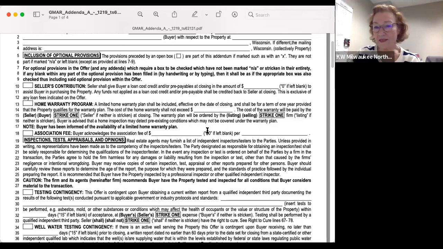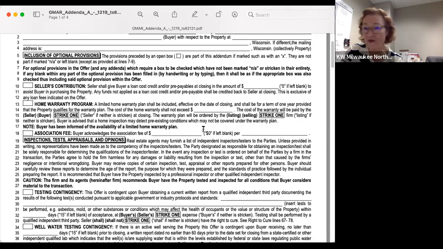This is also the place to check if they want the home warranty program that's being offered. So if it's being offered with the listing, then you want to check the seller is going to pay and provide the home warranty.